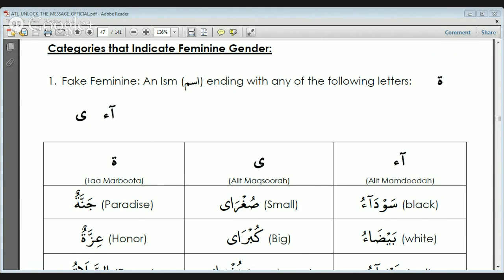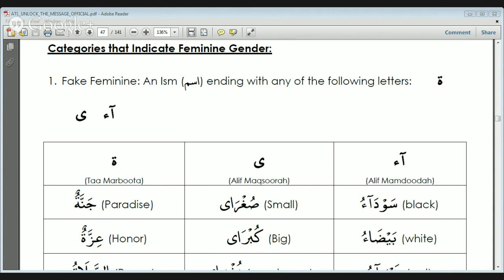For example, and let me ask you, what were the 3 ways I can tell if something is feminine? Number 1 is ta marbuta. Number 2 is alif maqsura. Number 3, alif mamduda. Okay? There's one more category which is feminine, but doesn't look feminine. For example, ummun.